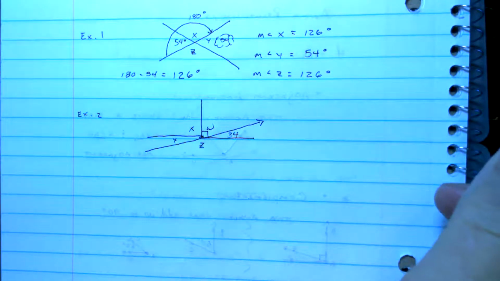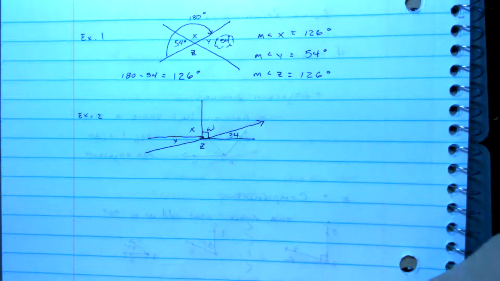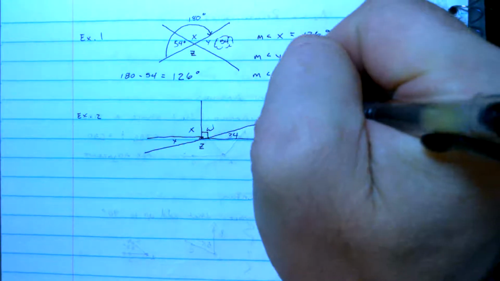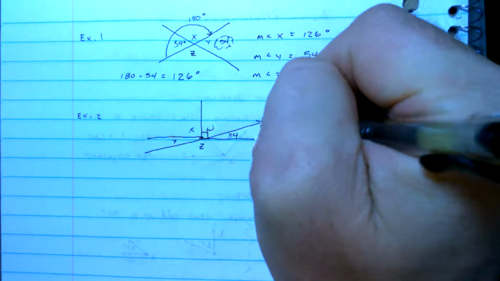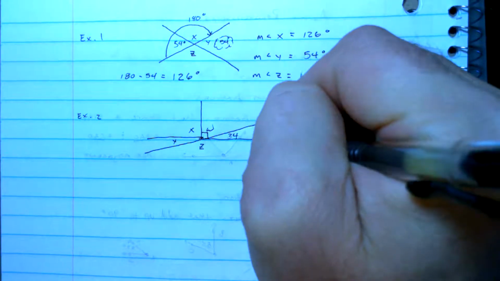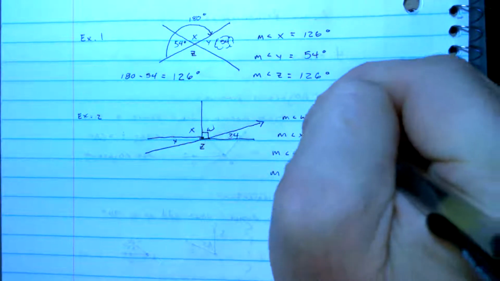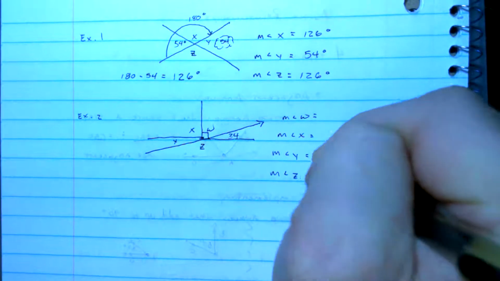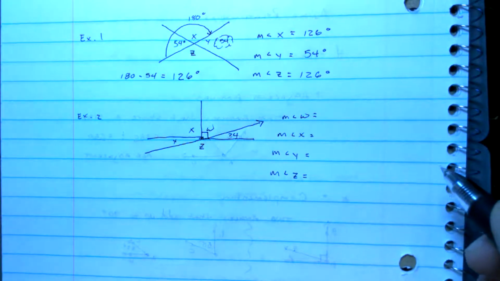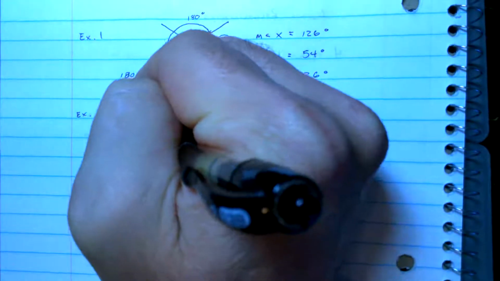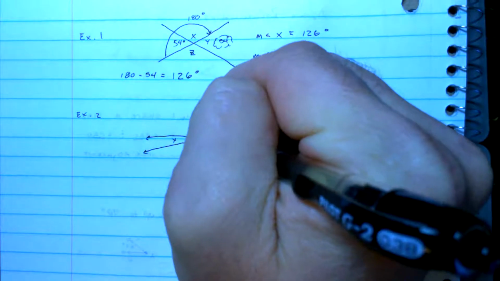So what connections can we make? We need to know the measure of angle W, the measure of angle X, the measure of angle Y, and the measure of angle Z. We just need to know our relationships. If I look at this bottom relationship, or maybe some of us jumped right into this relationship with the box, the box means what?